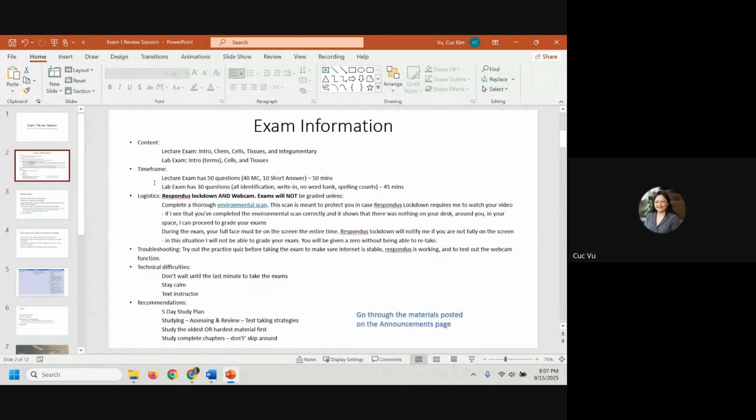Okay, you should study chapter 1 and then chapter 2, chapter 3, or whatever direction, but just study it as chapters so that you don't confuse and mix things together. Okay, the beauty about anatomy and physiology is that the content does build on each other, but you want to make sure that you're studying each chapter individually so that you don't confuse yourself, at least initially.